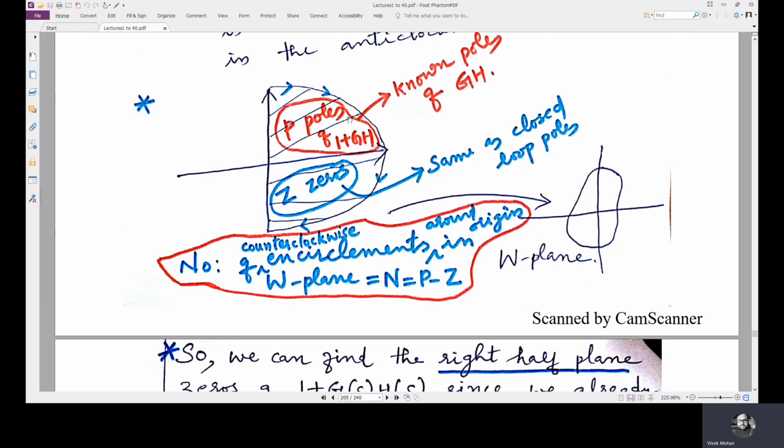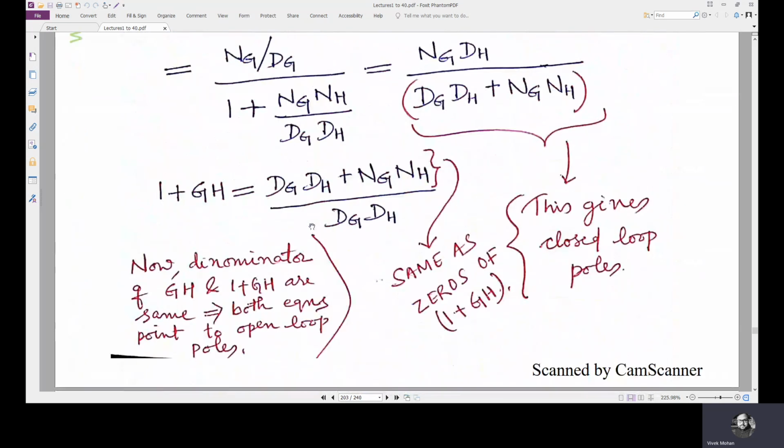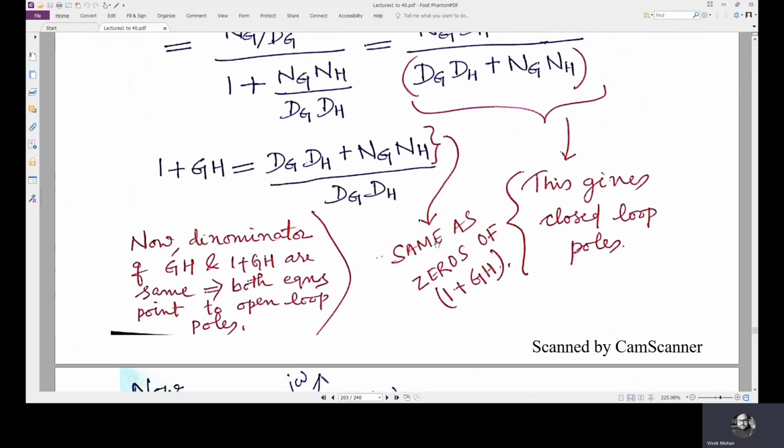So suppose P poles are there and Z zeros are there for 1 plus GH. What is the importance of the zeros of 1 plus GH? They are the closed loop poles, as we have already seen. DGDH plus NGNH gives the closed loop poles.